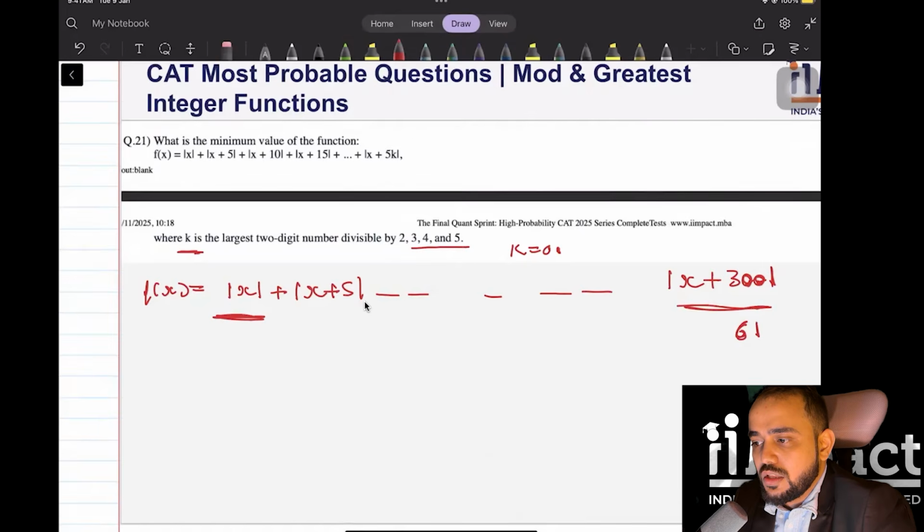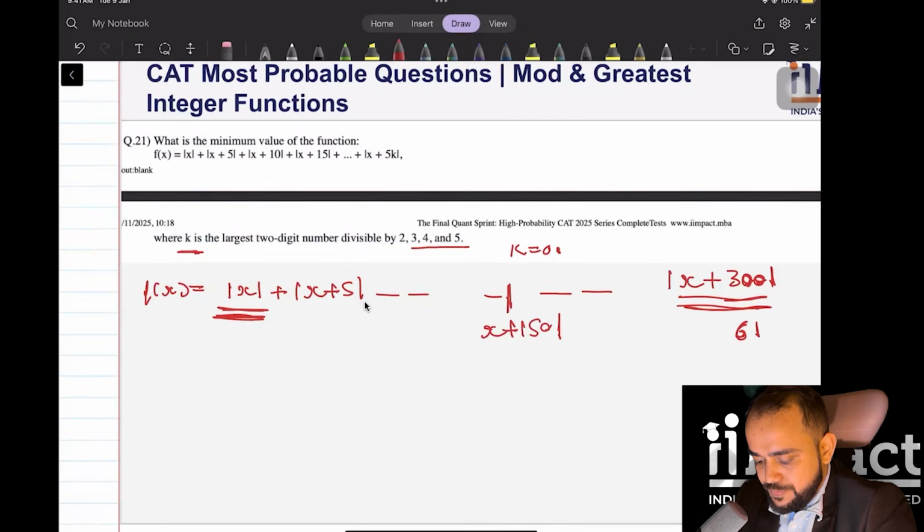So, you can find the central term, and that is going to give me the answer. If I put that as 0, that is option number 1. This is x plus 300, this is x. So the central term is going to be x plus 150. Right?